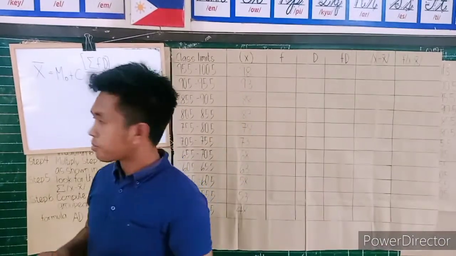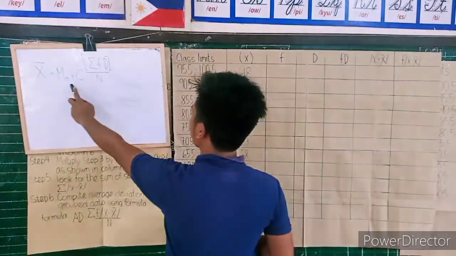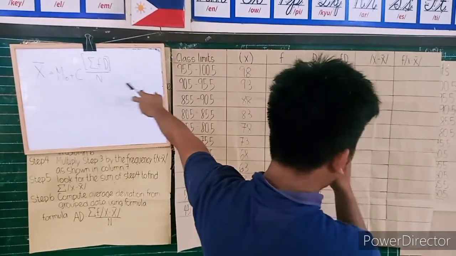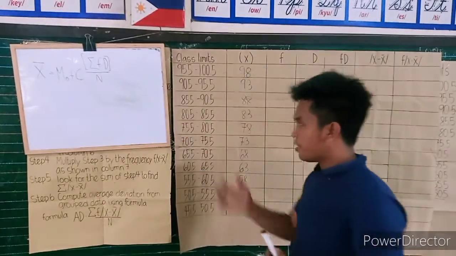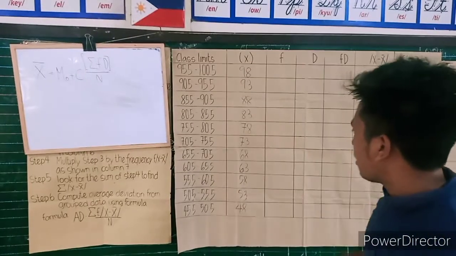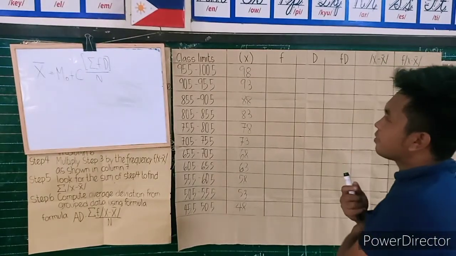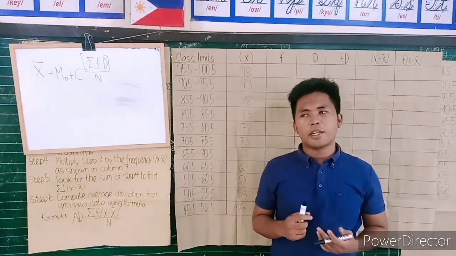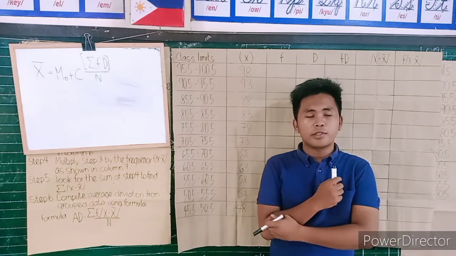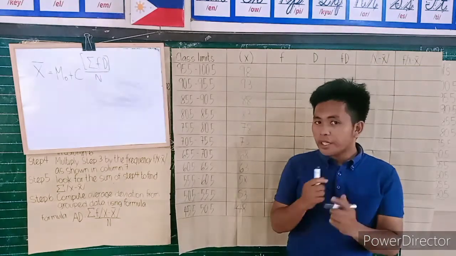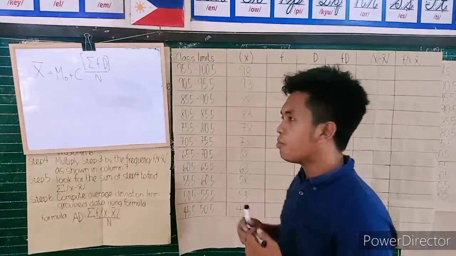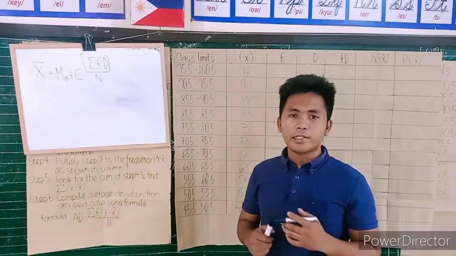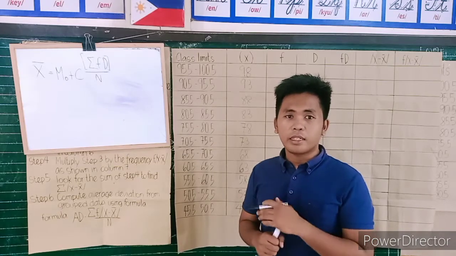Next is the frequency. Since we don't have a table of the number of students who got each answer, we just assume. What is frequency? The frequency is the number of scores that students get in the test.